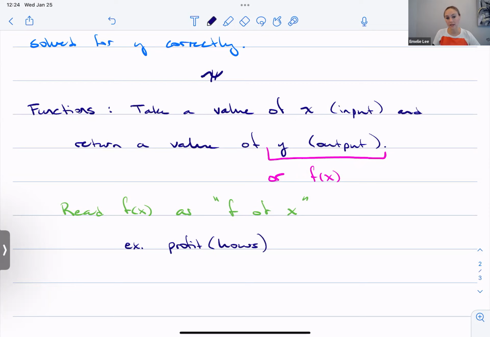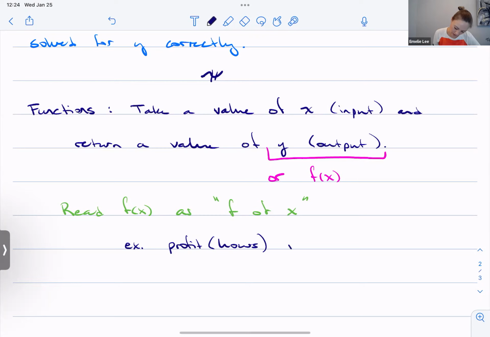That means I could input some number of hours that I've worked, and the result would be the amount of profit that I would make at that number of hours.